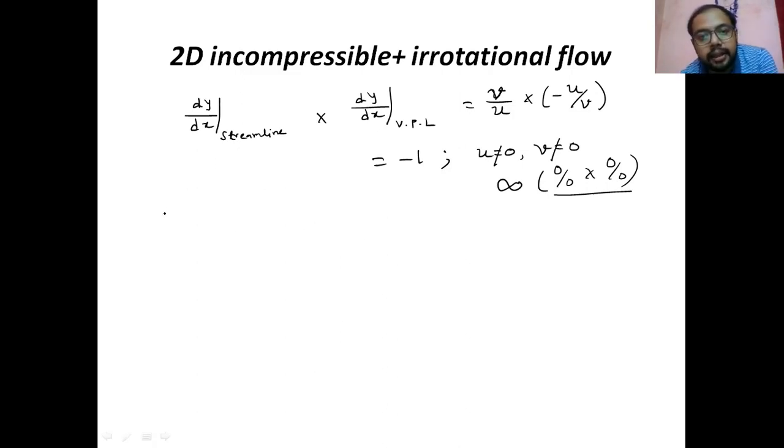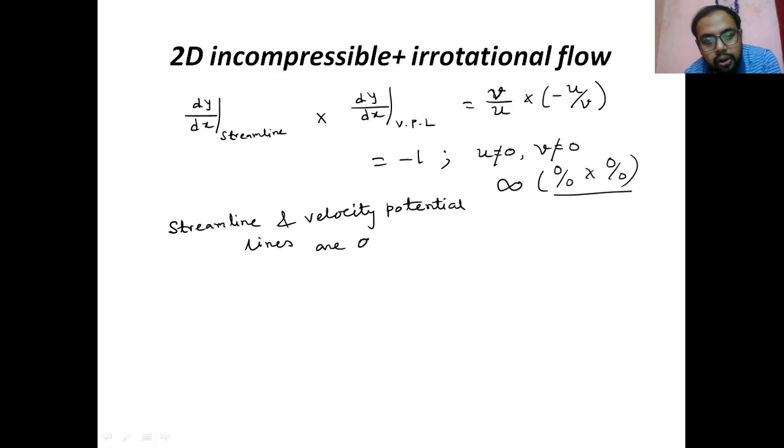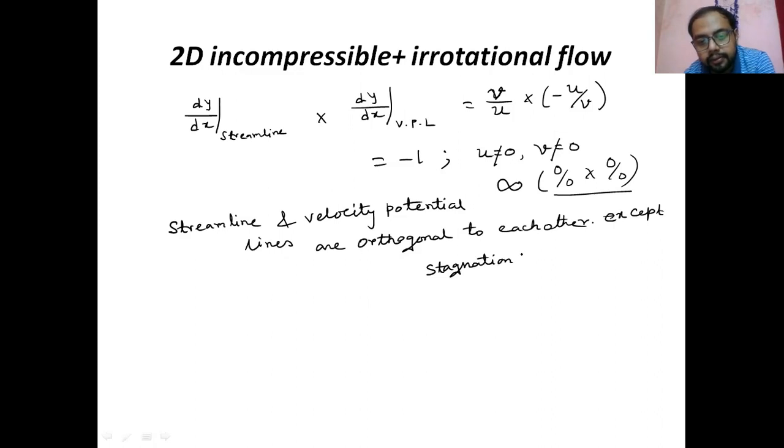So it is better to write that streamlines and velocity potential lines are orthogonal to each other, except at the stagnation point, that means where u is equal to 0 and v is equal to 0.